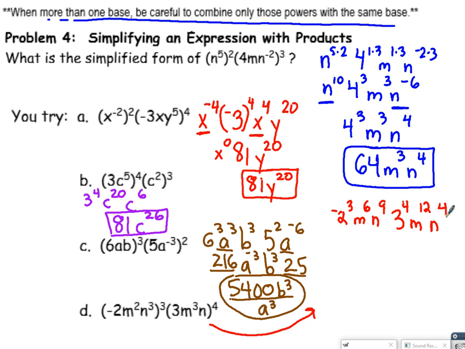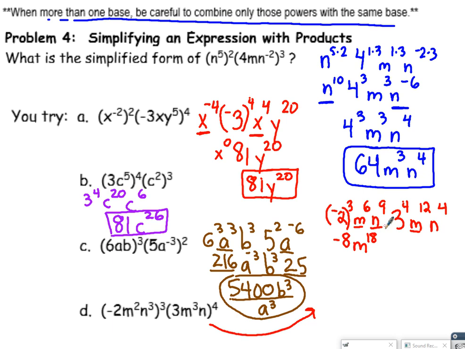Now I have to do some combining. So negative 2 cubed is negative 8. Oh yes, put negative 2 in parentheses. Is negative 8. The exponent is not negative, so it does not move to the denominator. M to the 6th and m to the 12th, by adding them, I get m to the 18th.